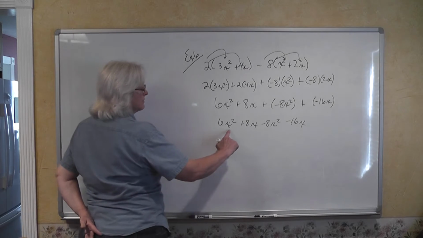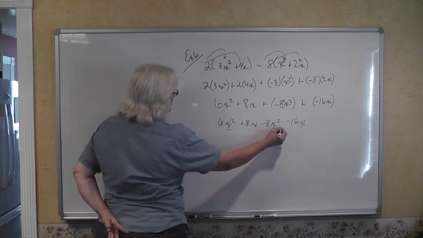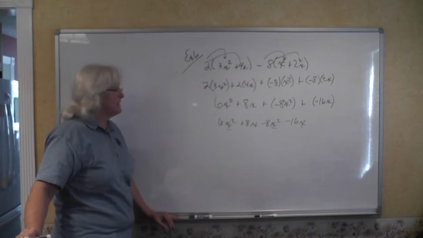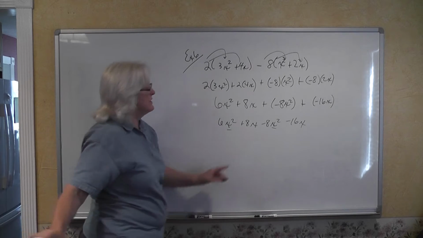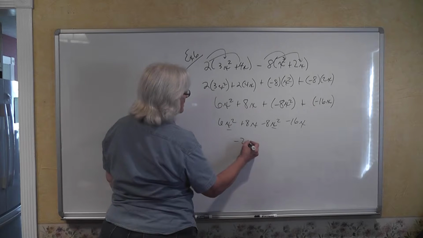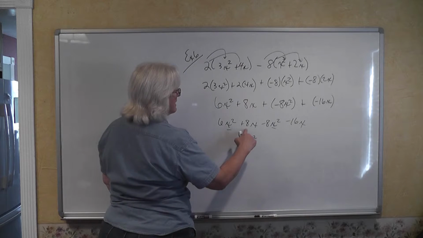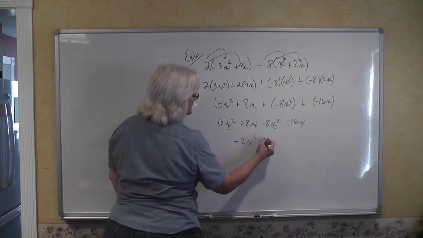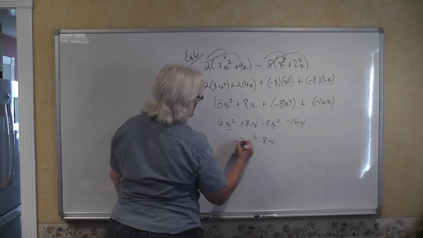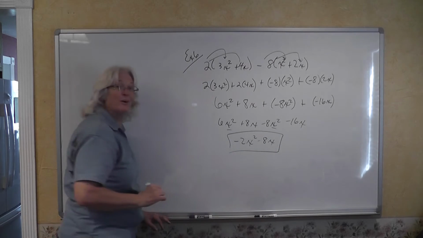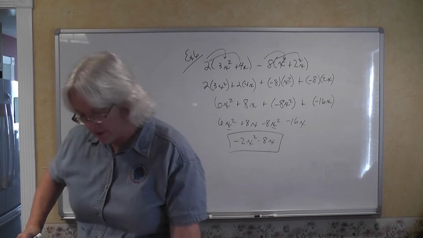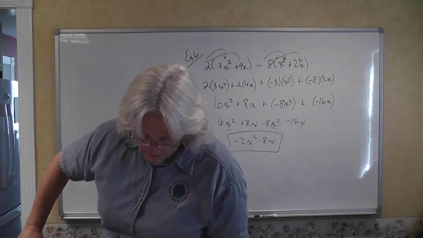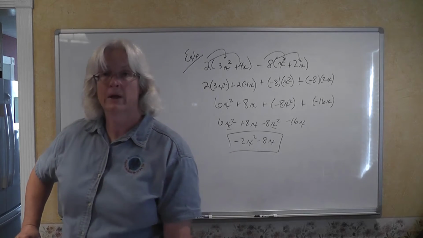Or you can think, we have our like terms here. 6x squared minus 8x squared, 6 minus 8 is negative 2x squared. 8x, negative 16x, 8 minus 16 is a negative 8x. And hopefully that's going to be the answer that we have in the book. Negative 2x squared minus 8x is exactly what we have.